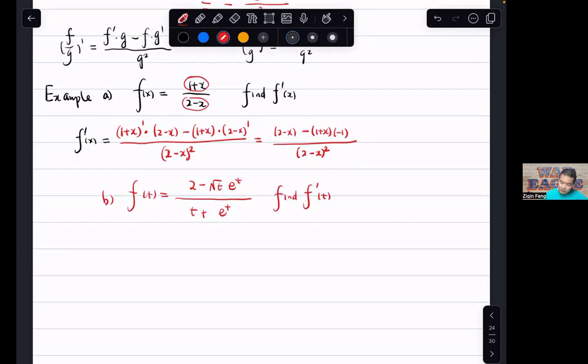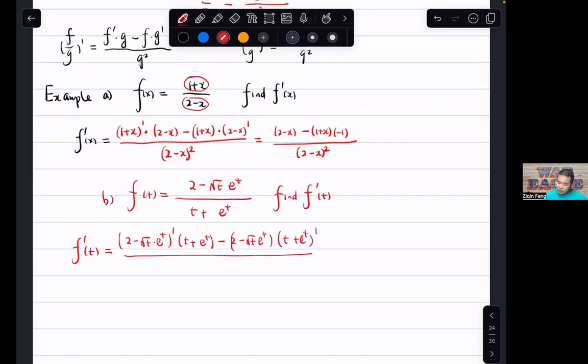So f prime of t, as always, is 2 minus root t e to t prime times t plus e to t, then minus 2 minus square root t e to t times t plus e to t prime, purely using the quotient rule, over t plus e to t squared.